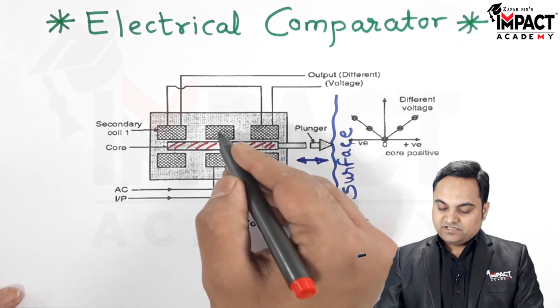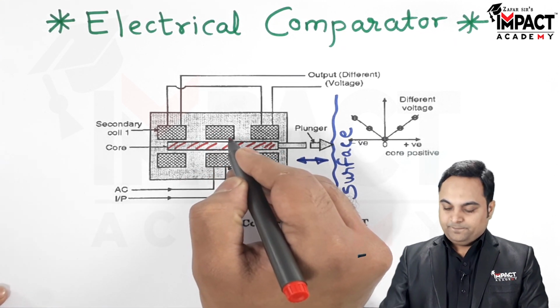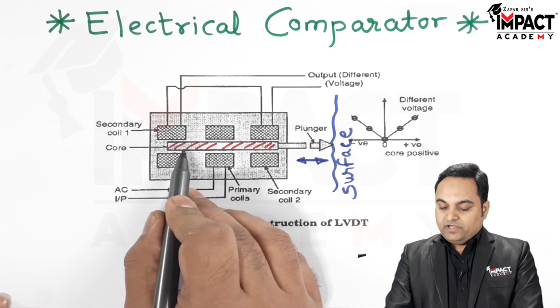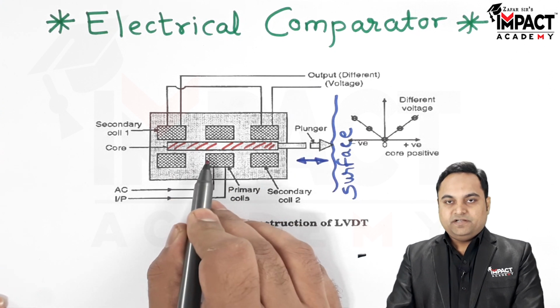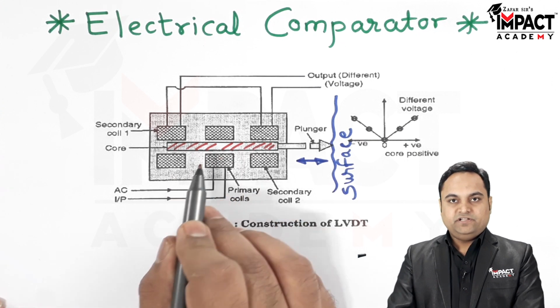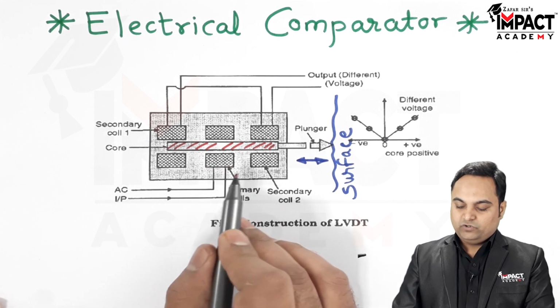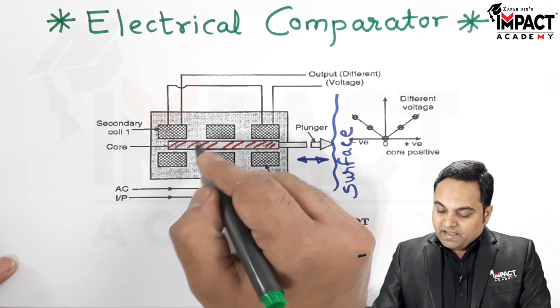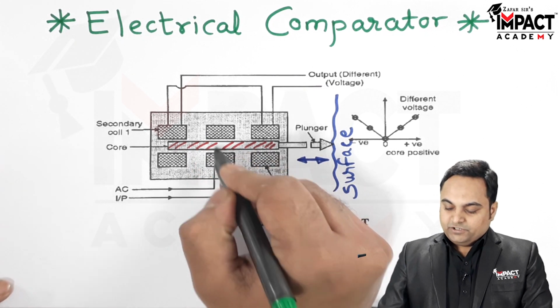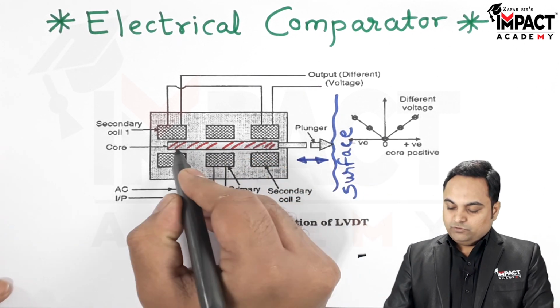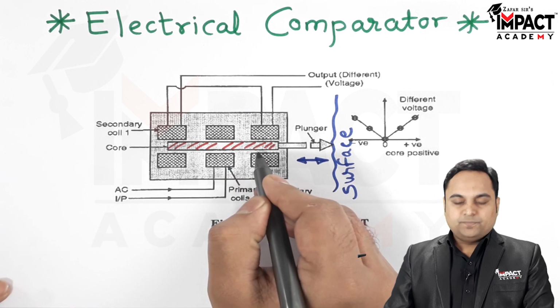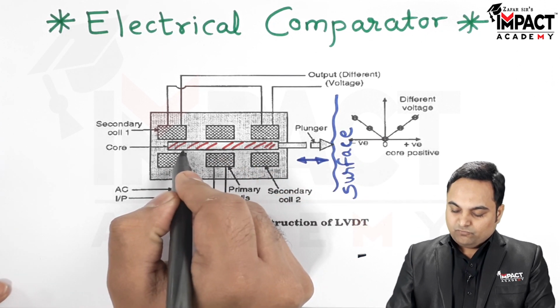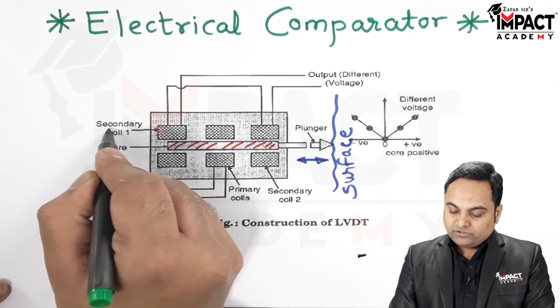So when the supply is given to the primary winding, if the core is at the central position, exactly at the center, the magnetic field generated by the primary winding would be cut in equal proportion, and the voltage would be induced in both the secondary coils.